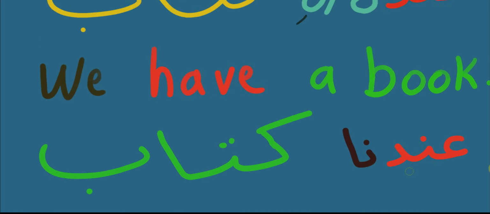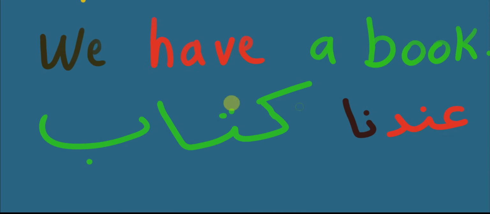So we have the word we. We have a book. As I discussed before, this a here is an indefinite article. We don't have it in Arabic. Mention the name kitab, in this case book, without this indefinite article.